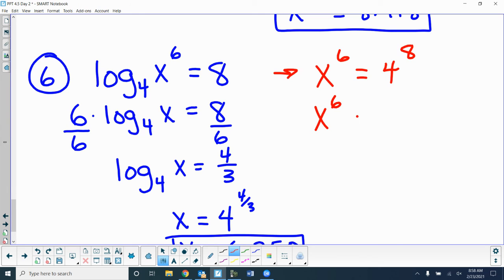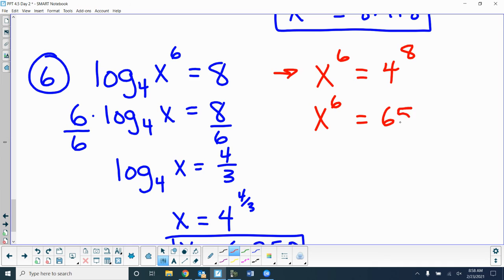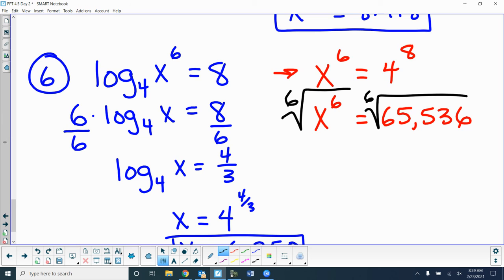So then you could have done this. 4 to the 8th, and you got that big number, 65,536. Now, what do I got to do to get x? The 6th root, right?